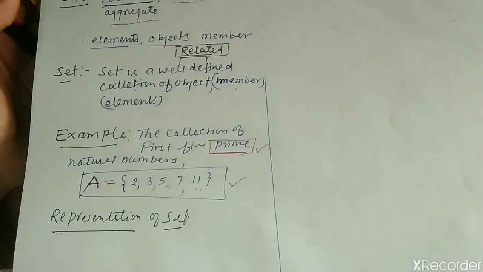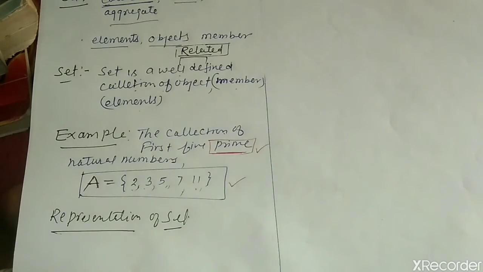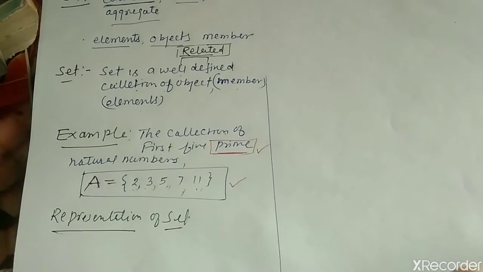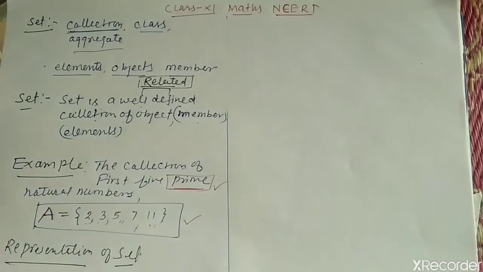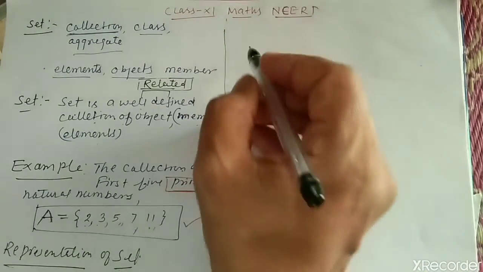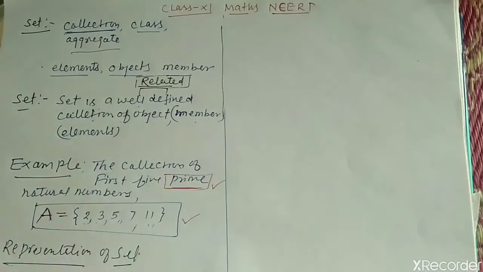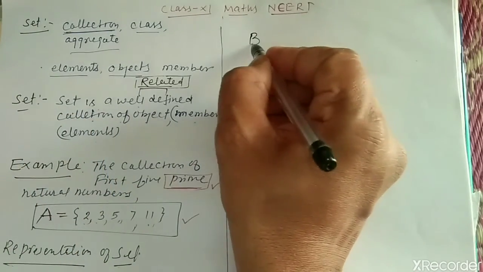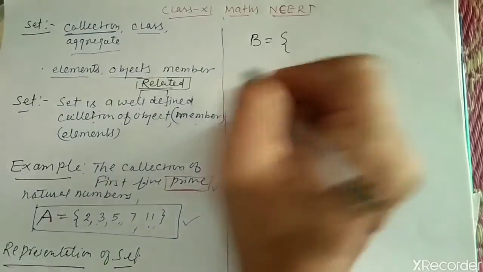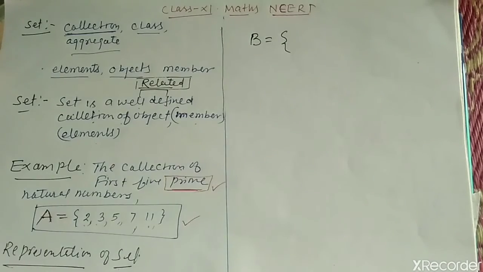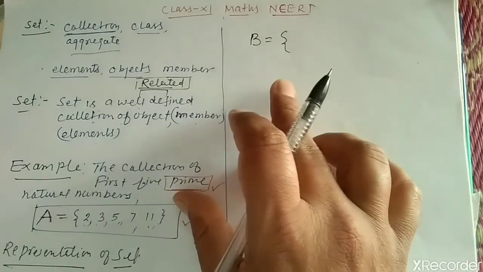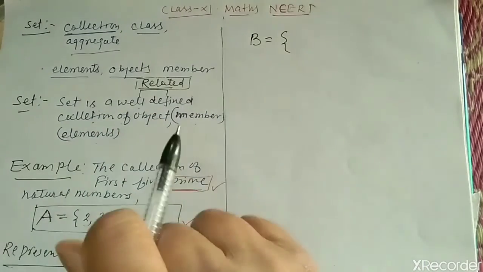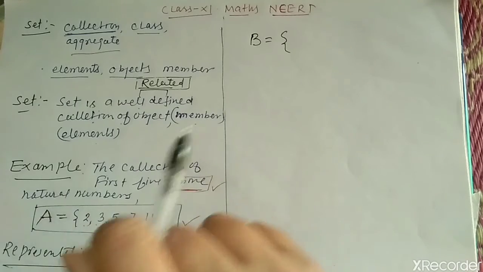Clear? How do we represent a set? So the representation is, just look at that, the representation of set. We can represent the set as any capital alphabet. Suppose that B is equal to, so we start a curly bracket and write down the members inside of that bracket. Clear?